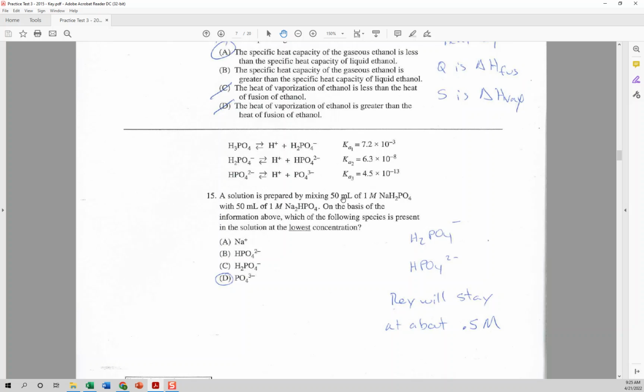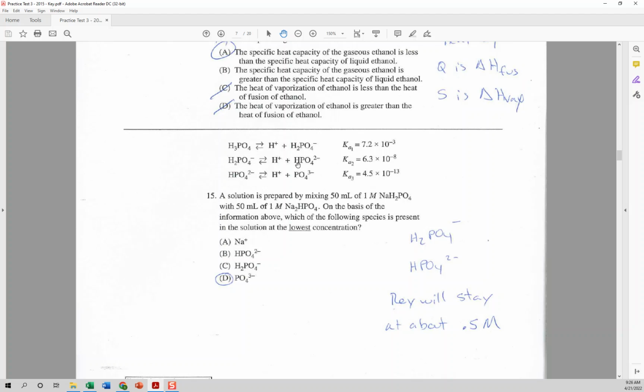So when you mix them, the molarity of H2PO4- is going to be 0.5 and the molarity of HPO42- is going to be 0.5. And because these reactions aren't very favored, the concentrations are going to be about the same as they started with.